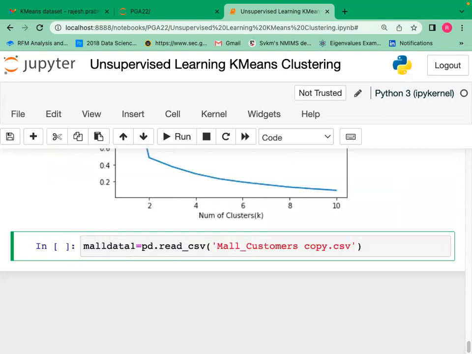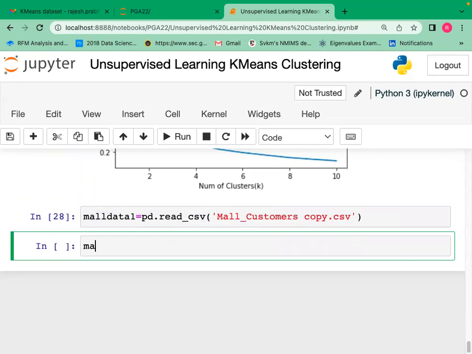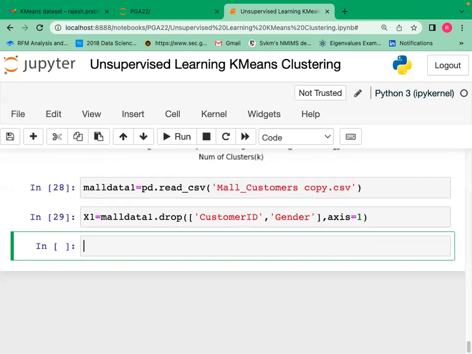So small data 1 is equal to this. x1 is equal to small data 1.drop(['CustomerID', 'Gender'], axis=1).